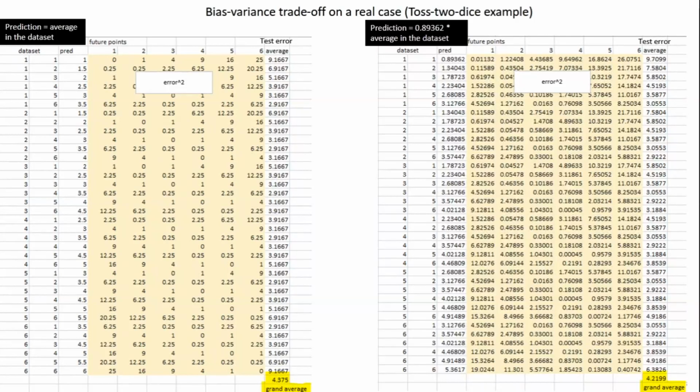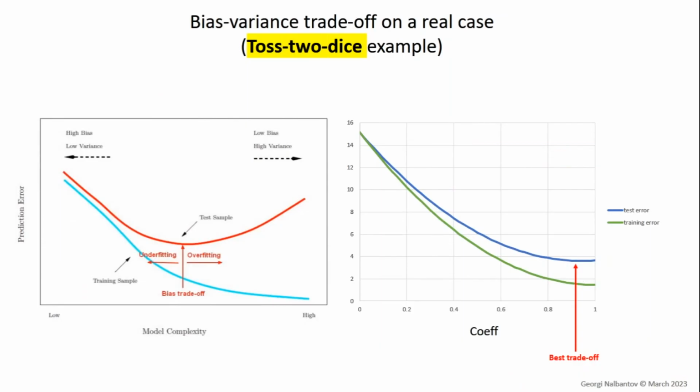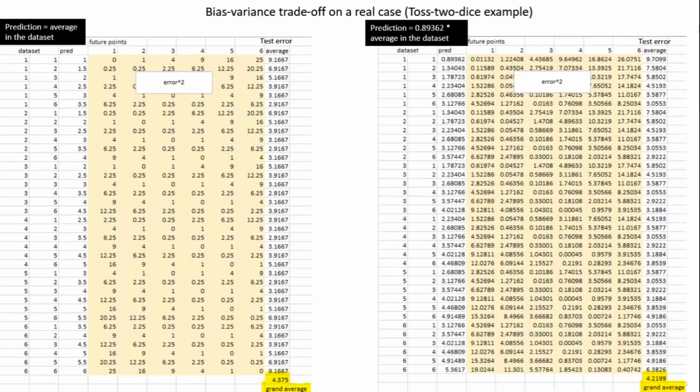This will be an unbiased model, and on the right, the prediction is the average in the data set times 0.89362, which happens to be the optimal prediction. And you see that the test error is lower for this prediction level. So this corresponds to the red line on the right.